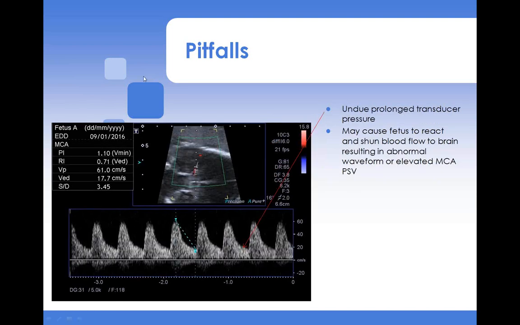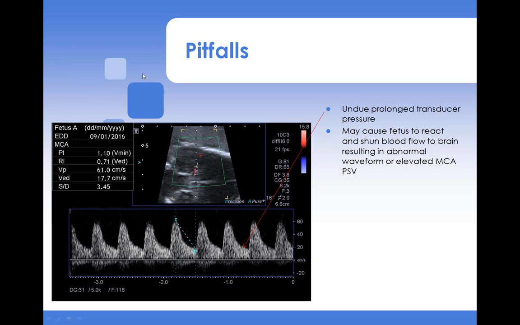Transducer pressure. You will find with advanced fetal Dopplers, especially the MCA, if there's undue prolonged transducer pressure on the fetal head, the baby will feel compromised and, as you're doing the trace, will shunt blood flow to the brain, so it will vasodilate its MCA and show a decreased resistance, much like you would get in an IUGR type scenario.